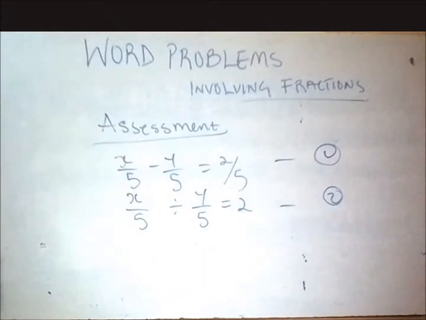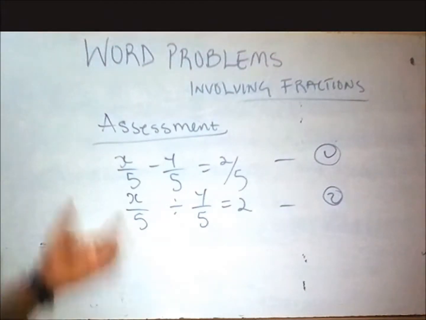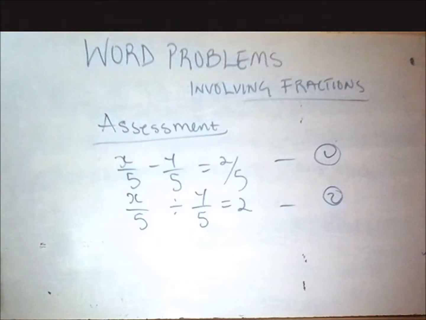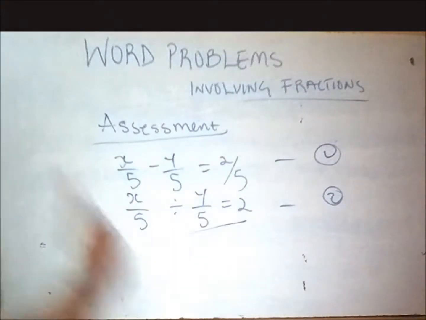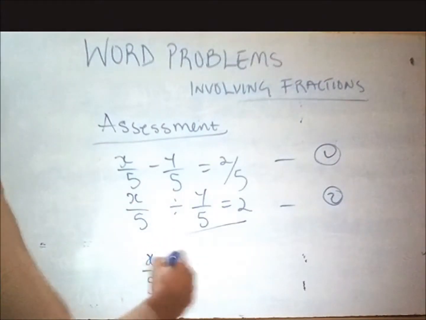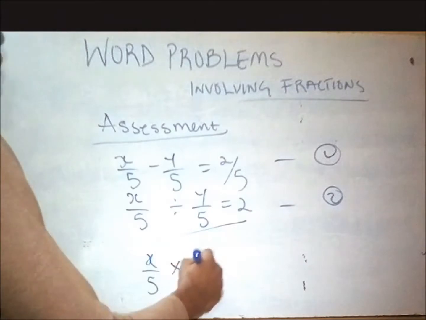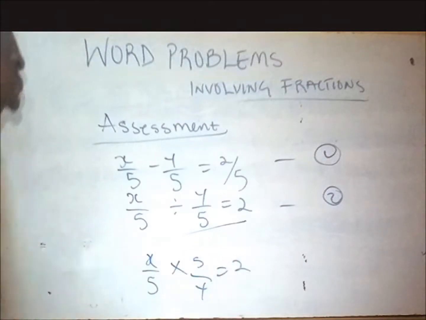So let us find the unknown, still having one of them as the unknown. So I think it's easier to start with equation 2 rather than finding LCM and the rest on top there. So if I start with equation 2, that is this one, I'll be having x over 5 times 5 over y equal to 2.